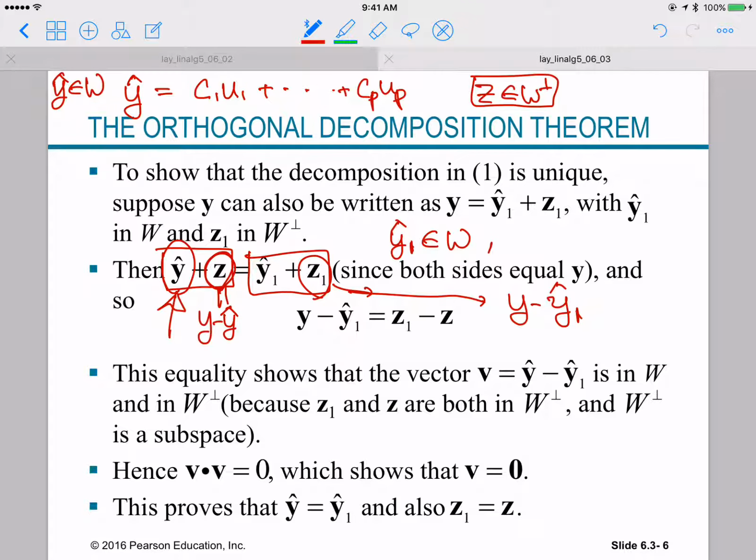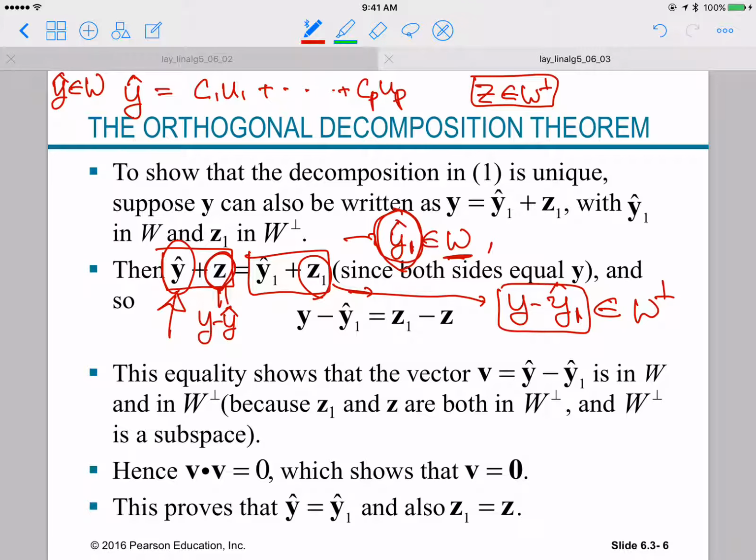So here we set y1 hat, which is different from y hat, but we are still assuming that this vector belongs to W, and this guy, which is a residual from this y1 hat, belongs to W perpendicular. So this is our assumption.